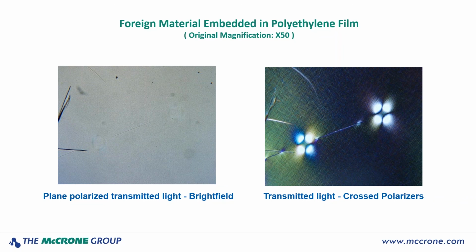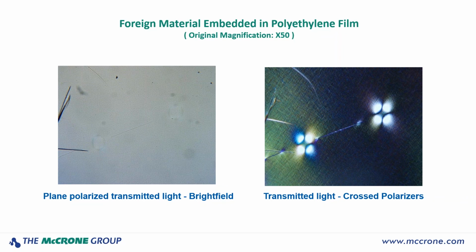You can see in this image the foreign material that's embedded in that polyethylene film on the left-hand side. You really can't see much of anything in there. But with the cross polarizers, now we can see two very distinct features, these bright spots, if you will, that are emanating from something in the center of them.